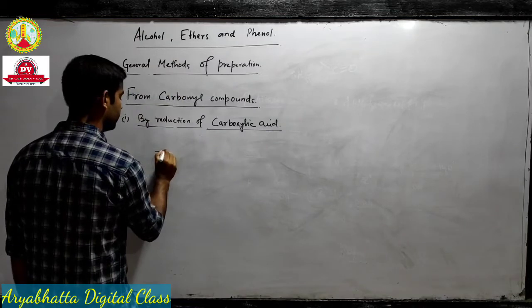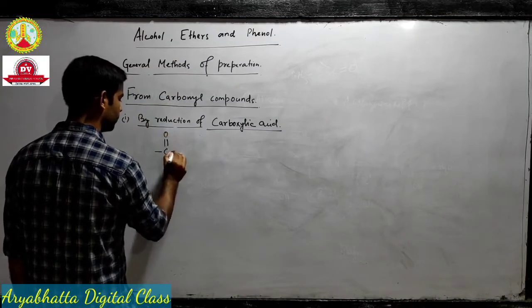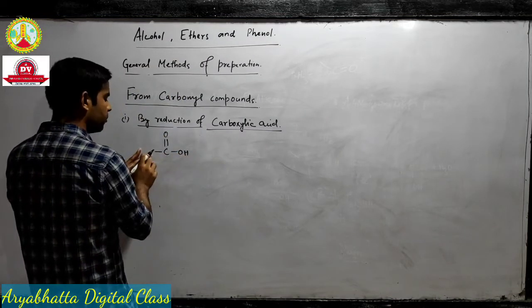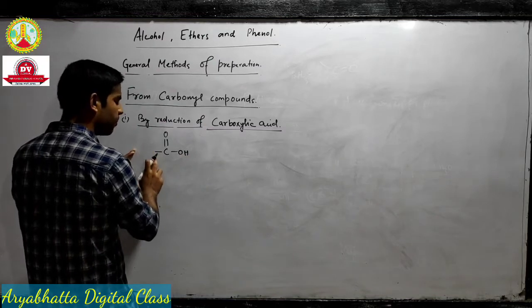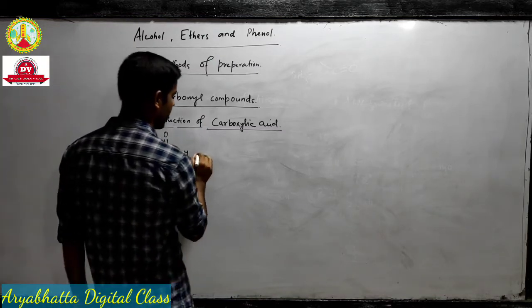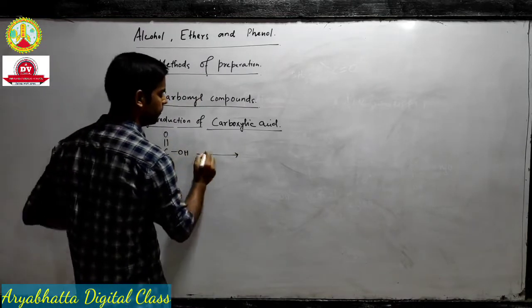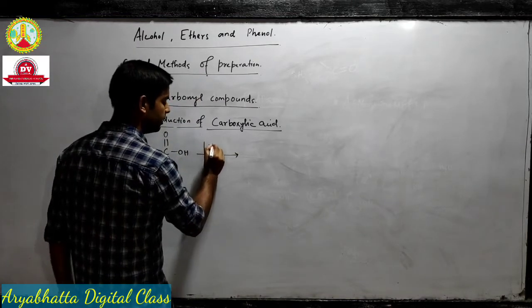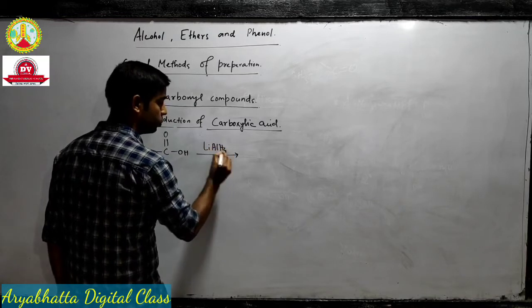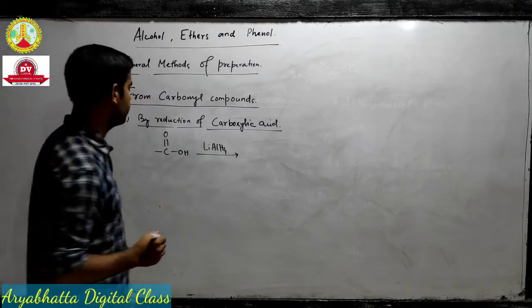In the carboxylic acid, I am not writing this R part because it remains the same. The main change occurs at this carboxylic carbon, and we take lithium aluminum hydride. A strong reducing agent is required.